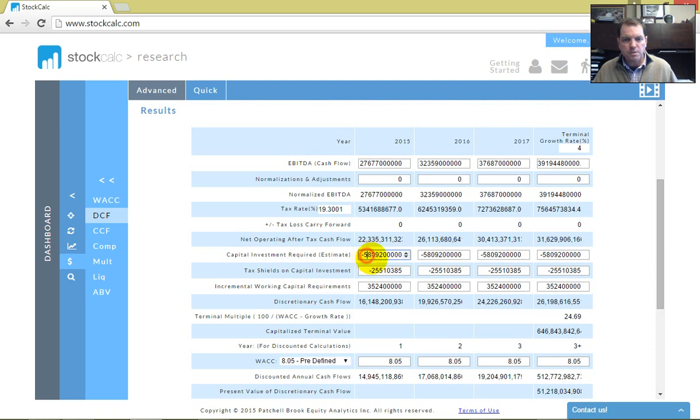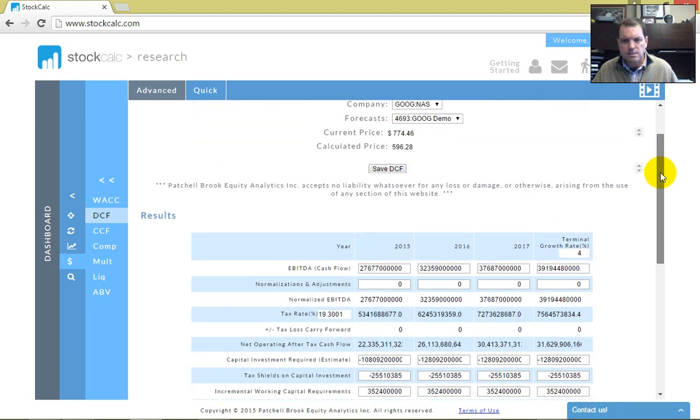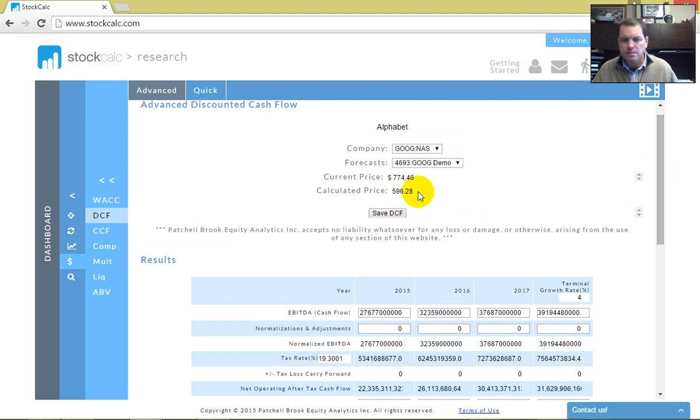There were a couple of things that we saw. For example, CapEx was 10, 12, and then 12 billion respectively. So we would assume 12 billion as well as a terminal value. That takes us again back down to the 596 valuation. So down below $600 again.